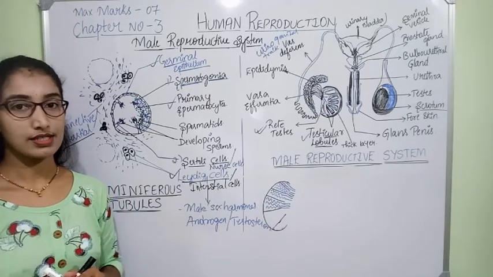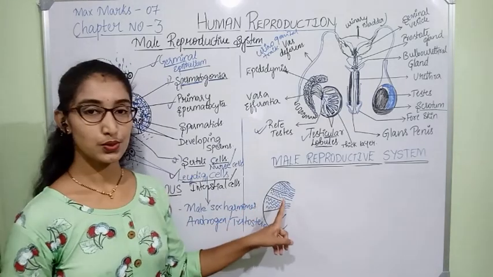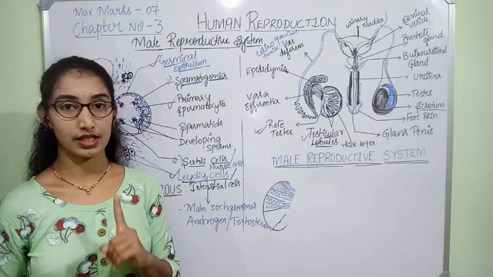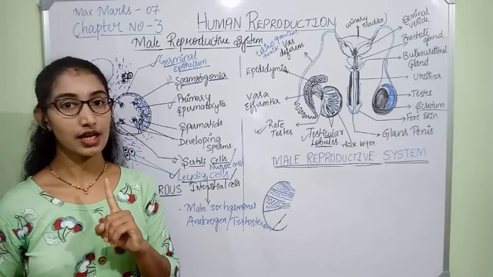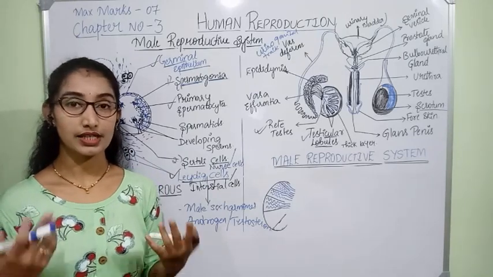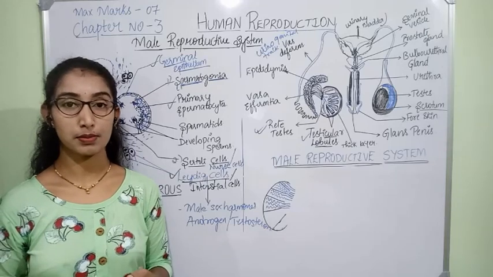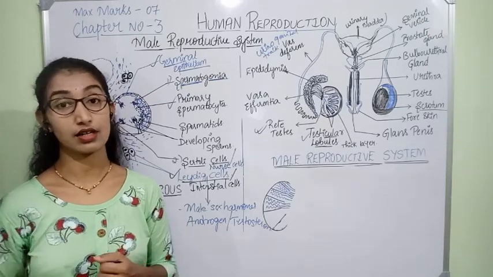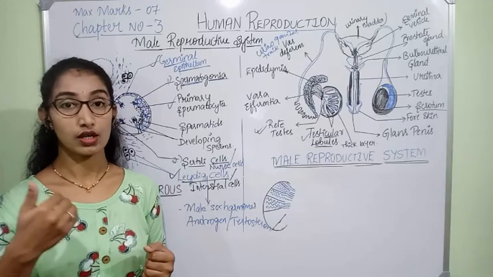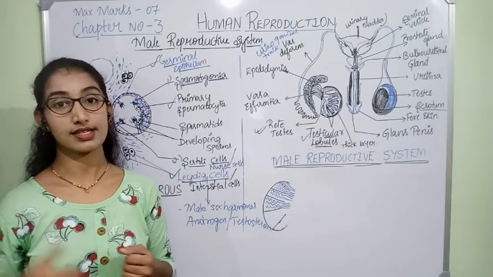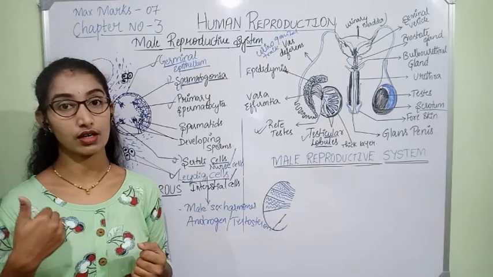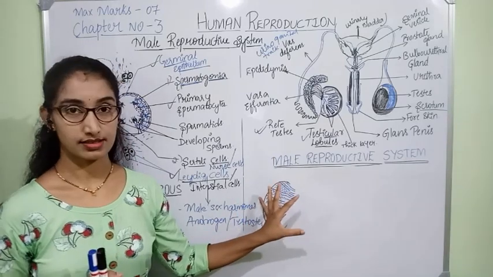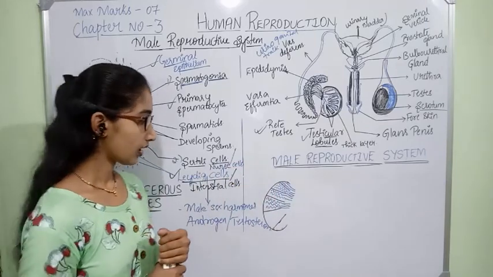There are around 2 to 3 seminiferous tubules in a single testicular lobule, and approximately 750 to 900 seminiferous tubules in a single testis.